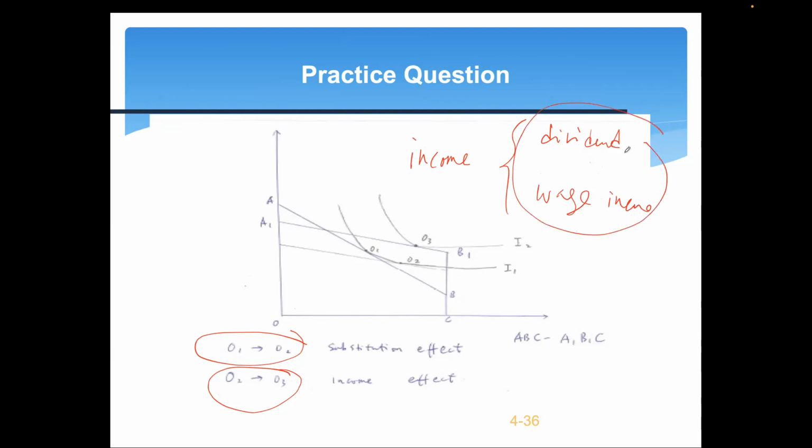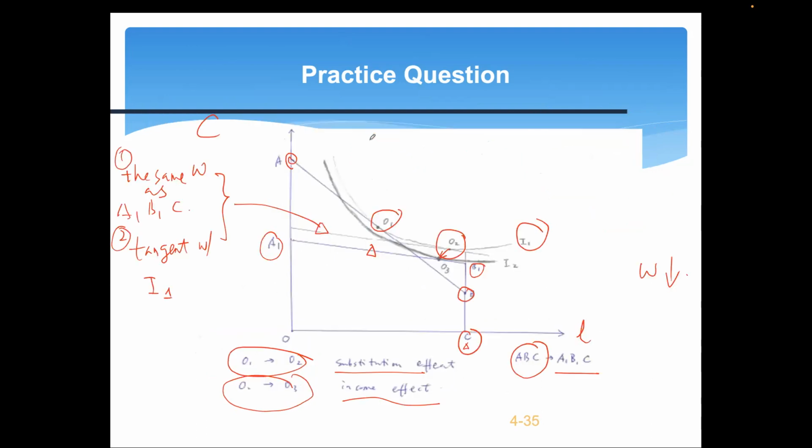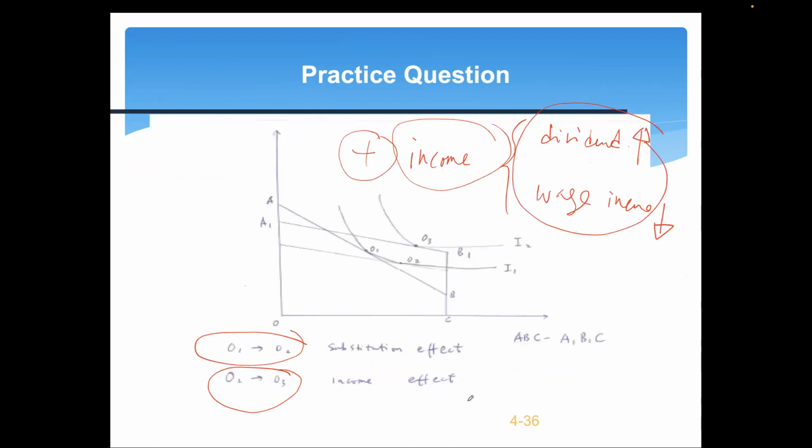Remember, your dividend income is increased, but your wage income can potentially decrease because the wage rate is lower. And here we are considering the case where the net income is increased. But here, we're just considering the net income is decreased. Hence, O2 to O3 is a negative income effect. And this one, let's go to the next one. Here, the O2 to O3 income effect is positive.